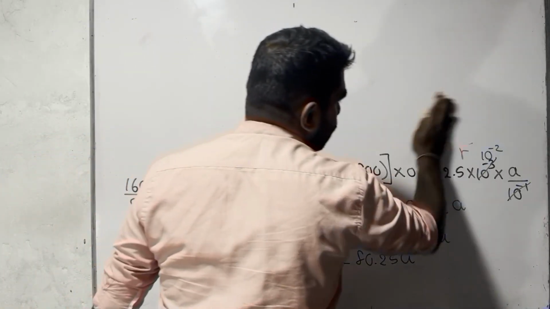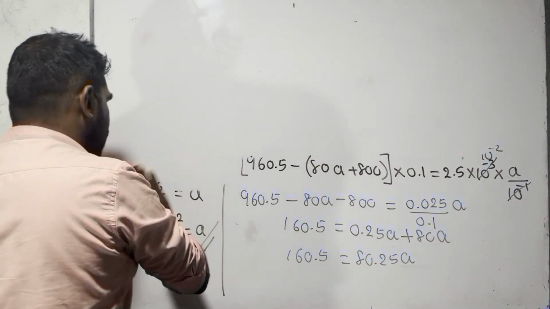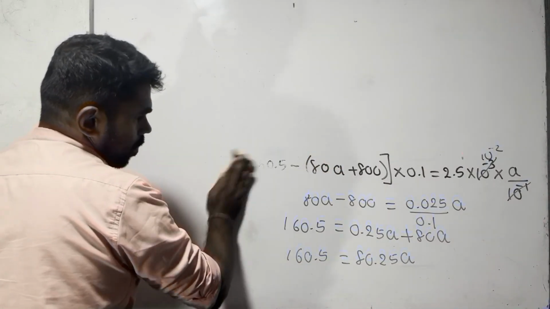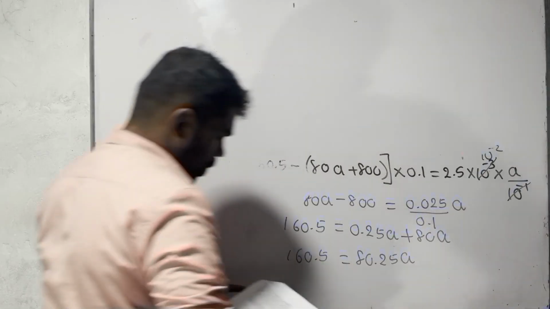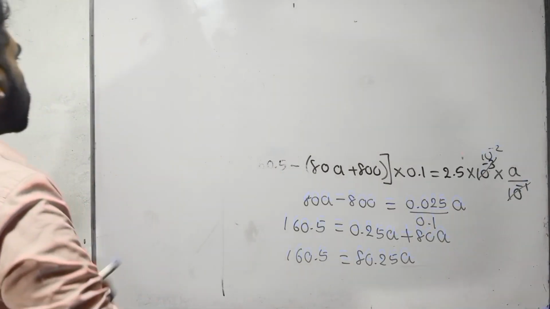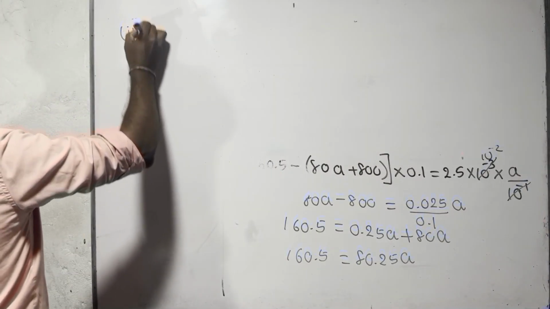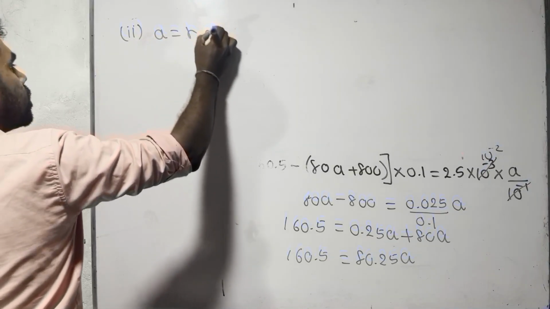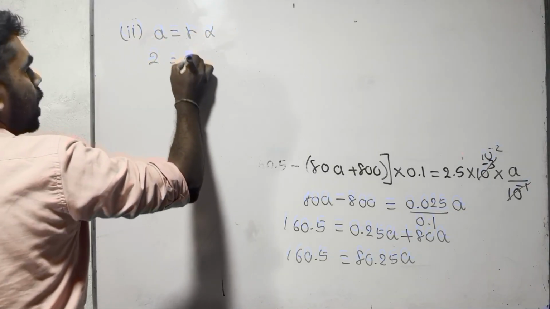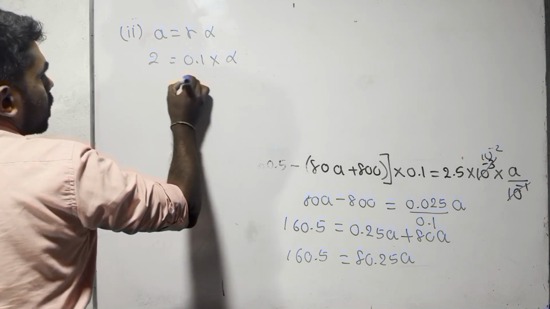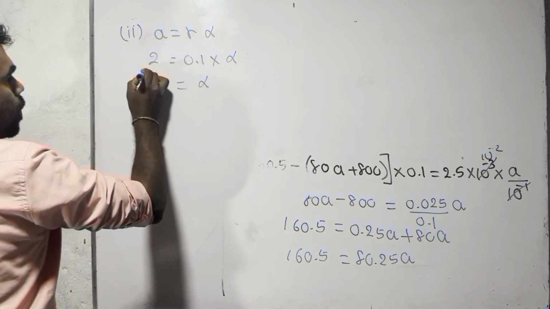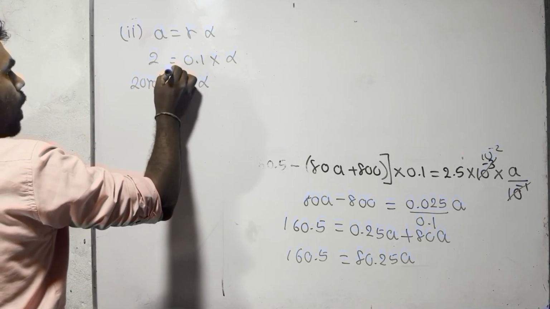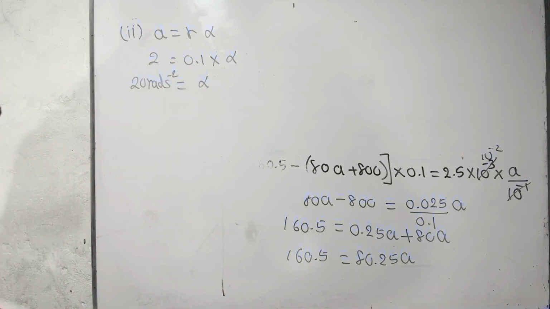We can find the angular acceleration using that value. We can use A equals R alpha. A is 2, radius 0.1. Then we find the alpha value is 20 radians per square second.